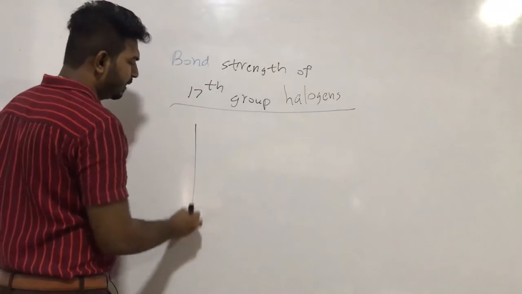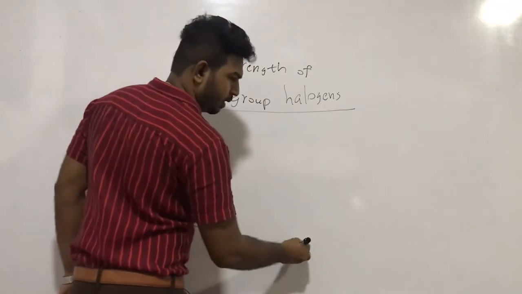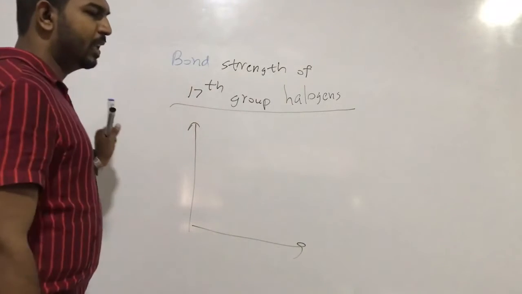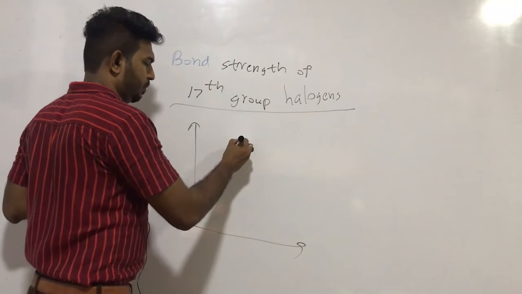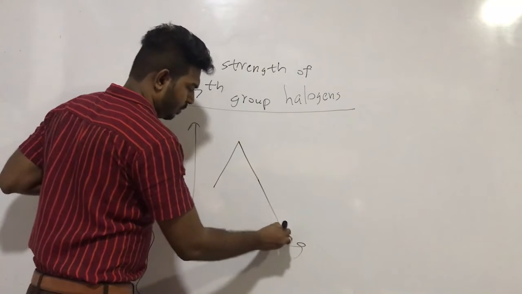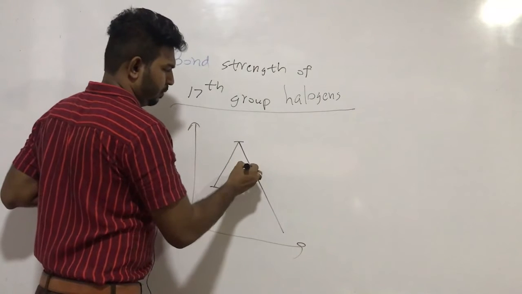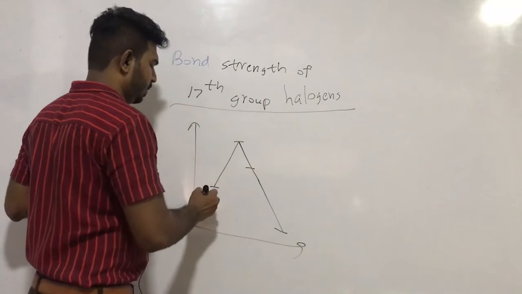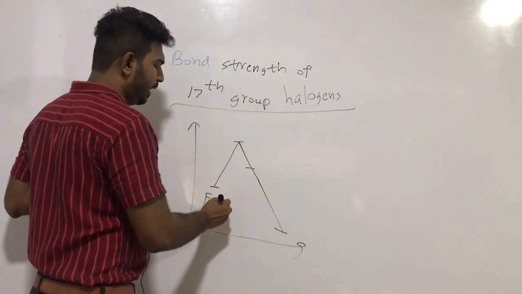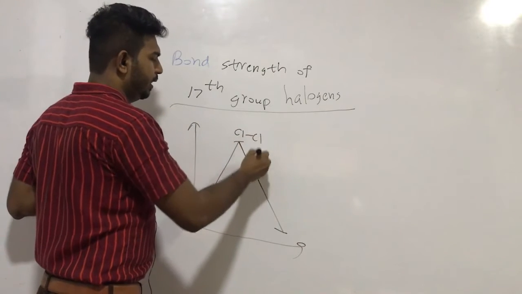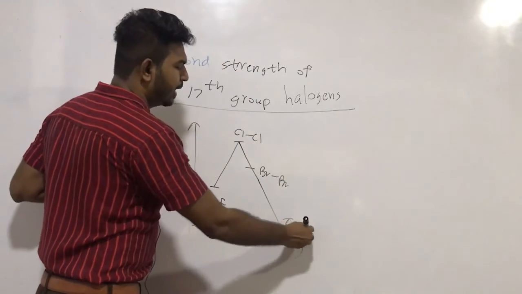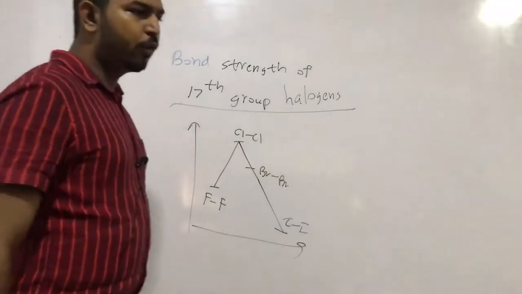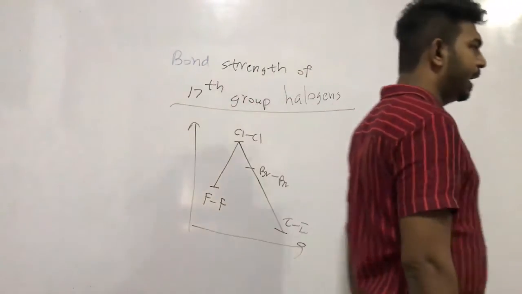The variation is like this. So this is fluorine, chlorine, bromine and iodine.